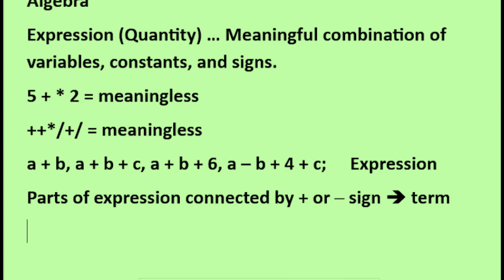So if you say a plus b minus 5, this will be three terms. a is a term, b is a term, 5 is a term, connected by plus and minus. a means plus a.